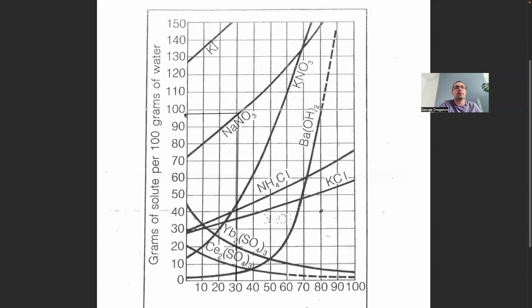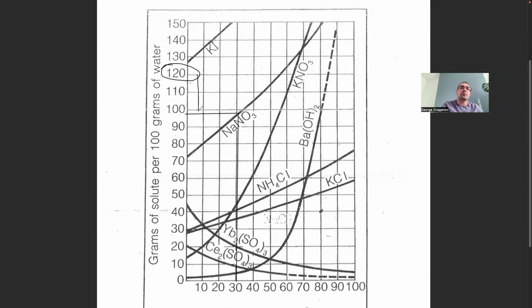If, on the other hand, I change the question and say, what happens if I have 120 grams of sodium nitrate at 30 degrees? Then you can clearly see that 120 grams is up here, and at 30 degrees, the maximum is 98.